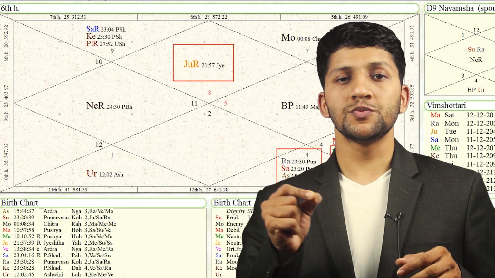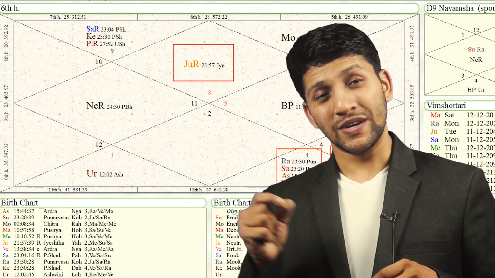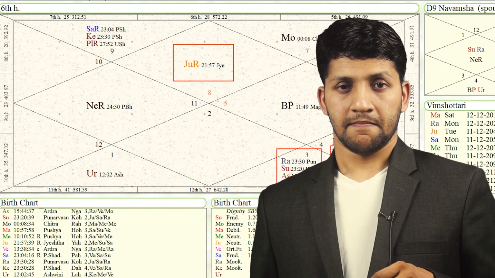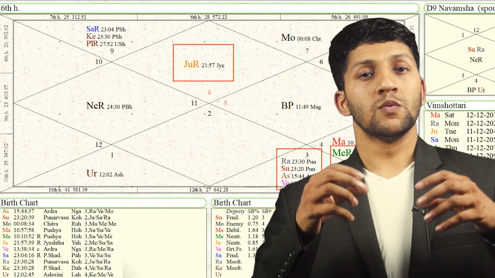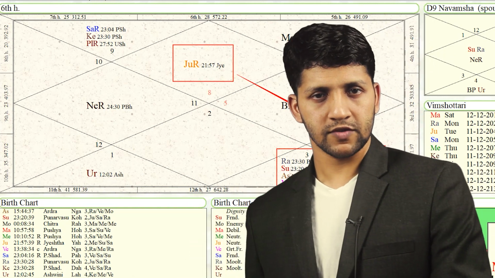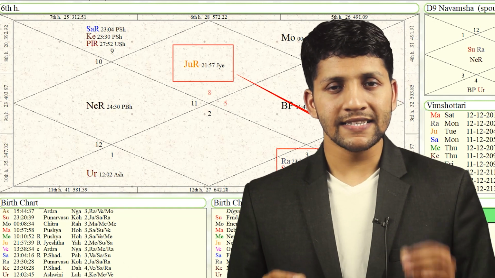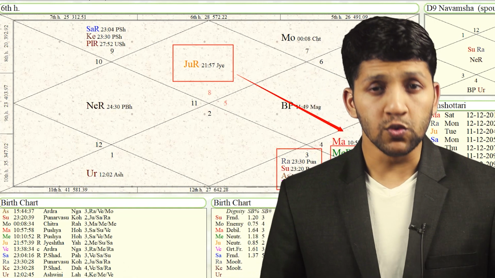Now you will have Jupiter in the first house. Now you will have Rahu in the 8th house. Now you will have Mercury in the 9th house. Now you will understand what exactly these transiting planets are going through in your horoscope. This is step number 3.